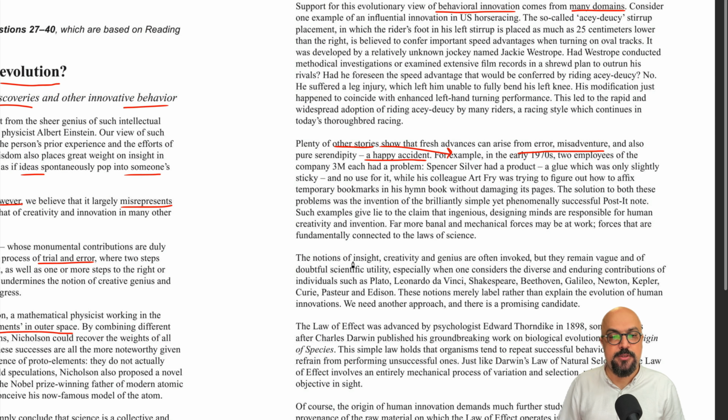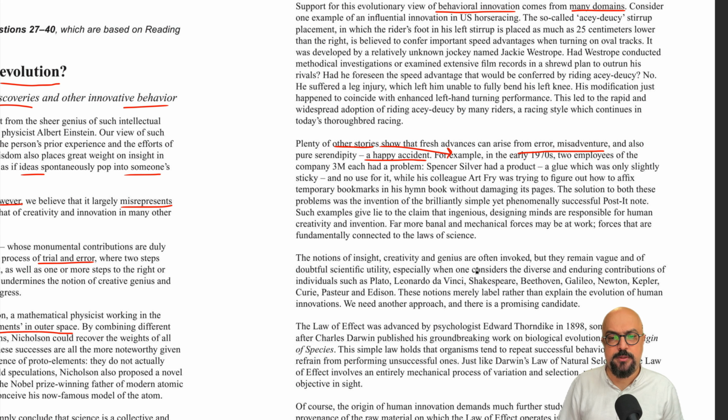The notions of insight, creativity, and genius are often invoked, but they remain vague and of doubtful scientific utility, especially when one considers the diverse and enduring contributions of individuals such as Plato and Leonardo da Vinci. I don't understand much here, but let's see.